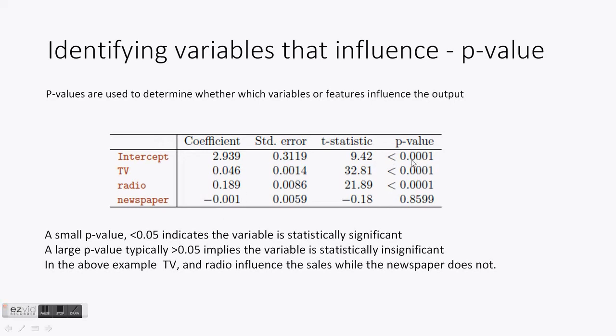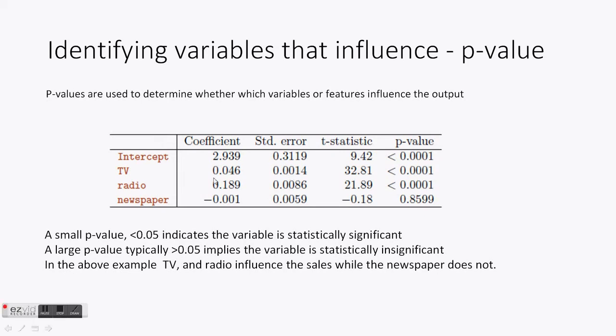So the way we read this is, whenever this p-value is less than 0.05, then it means that that particular input variable is very significant and it actually impacts the output variable. In this case, the output is the sales.